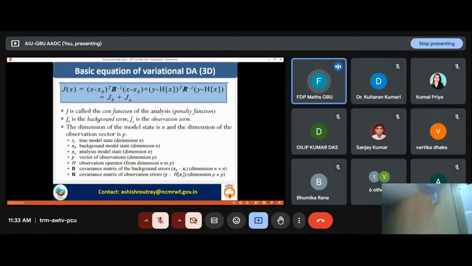Whatever data assimilation I will show you is because of this parameter. Variational, optimal, hybrid, ensemble, successive correction method, all because of this matrix. All methods are developed because of this error. How to handle this?